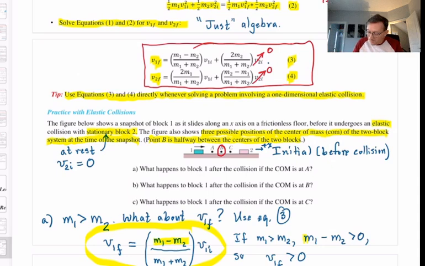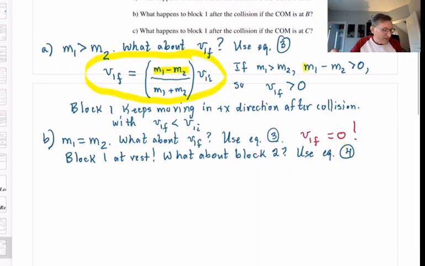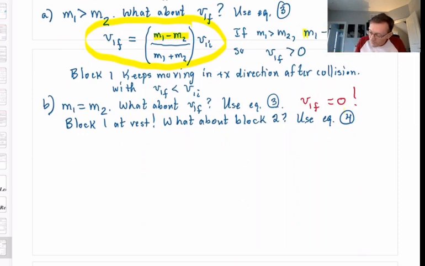I'm going to write down the formula for V2 final, i.e. equation 4. V2 final equals, so we get another fraction, times V1 initial. We have 2m1 in the numerator, and the total mass m1 plus m2 in the denominator.